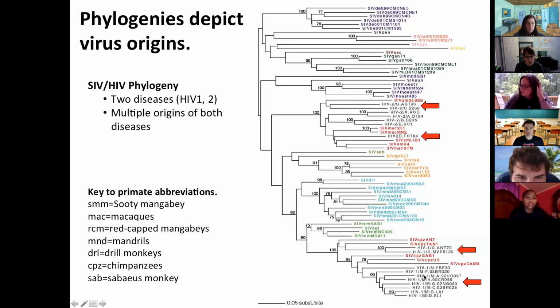HIV1 is coming from chimpanzees. That's what CPZ is. HIV2 is different though. It's either closely related to what we call the sooty mangabey, one of the primates. There are HIV2s that also come from a different group of primates, either macaques or sooty mangabeys, depending on how you read this phylogeny. So these zoonotic viruses can come from multiple hosts.